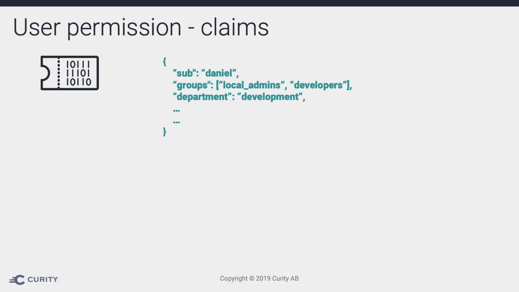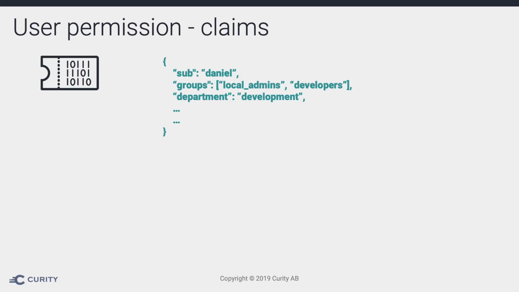And when I say claims, as we can see, they're mostly attributes about a user. Claims are attributes that are asserted by a party that you can trust. So in this case, the OAuth server asserts that Daniel is a part of the group developers. So it claims that Daniel is part of the group.